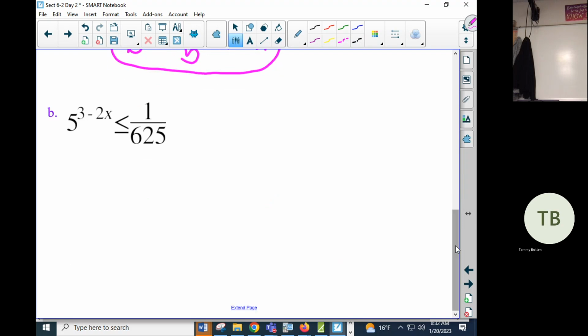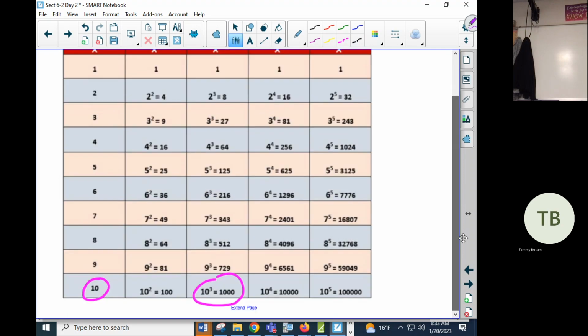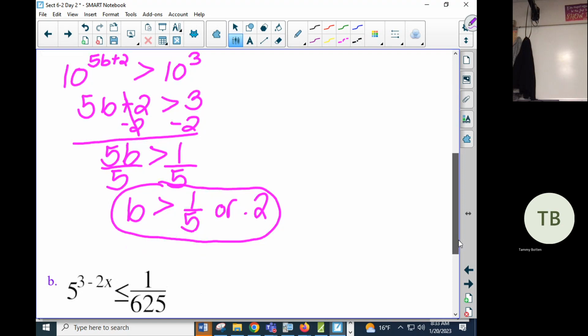So if we look down here, this kind of looks like -625, but this is less than or equal to, so that's not a negative. It kind of looks that way. With 5 and 625, here's my 5, and here's 625. So I want to get them to 5 and 5 to the 4th power.